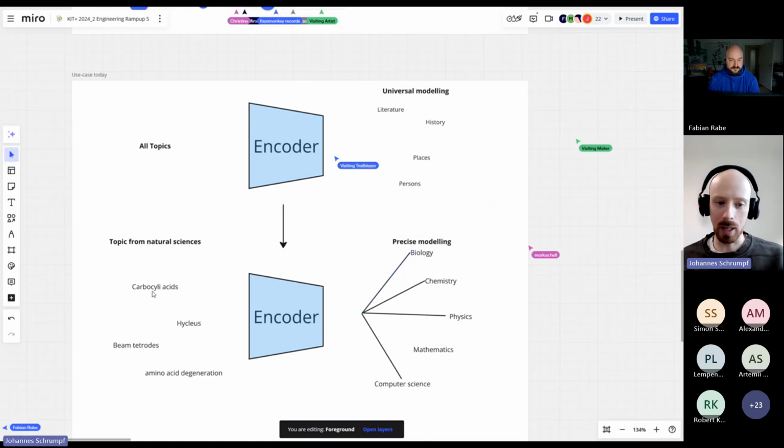For example, a chemistry topic, or a type of beetle. It's supposed to give us good distinctions between chemistry and biology, but also within biology, a good distinction between one kind of beetle and another. So we make it from a general system into a more specialized system that retains good performance within a specialized domain.